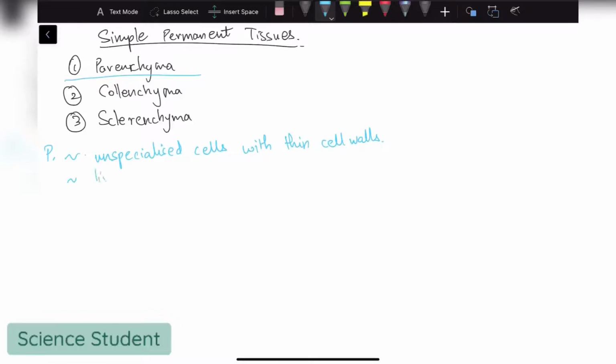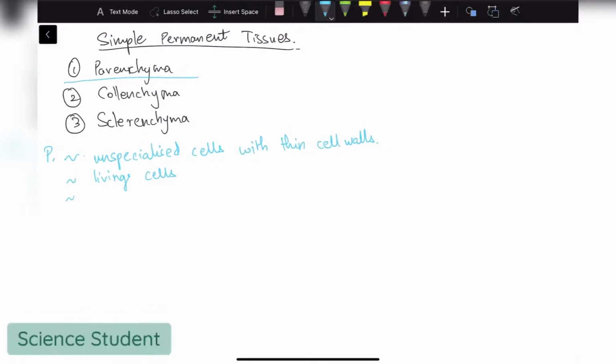Second point is they have all living cells. No dead cells are present in parenchyma. The third is, the cells are very loosely arranged, so they have great intercellular spaces.